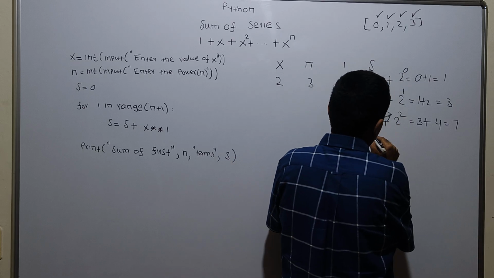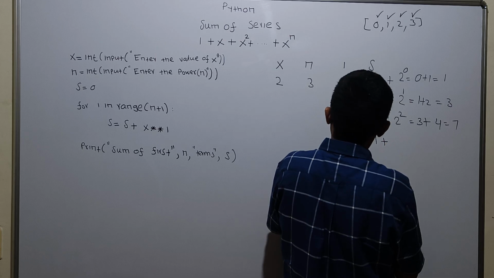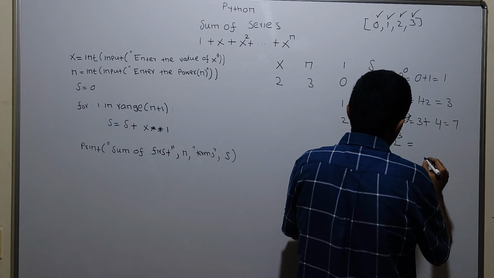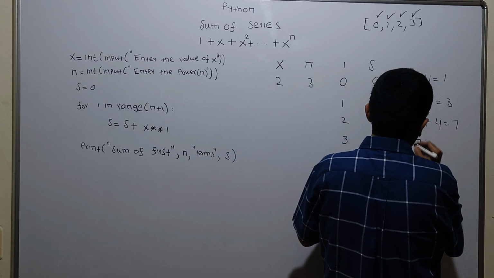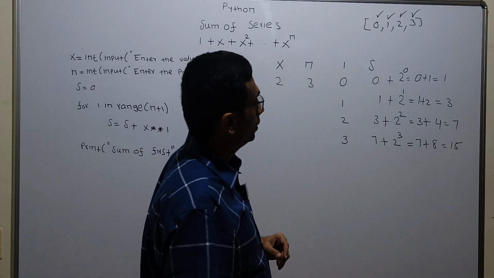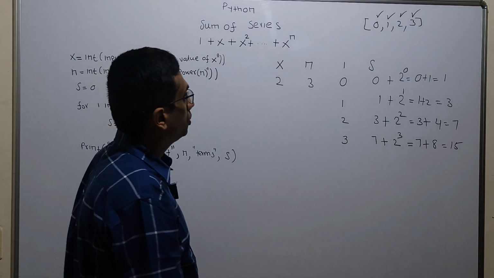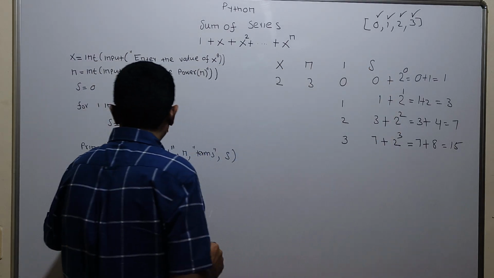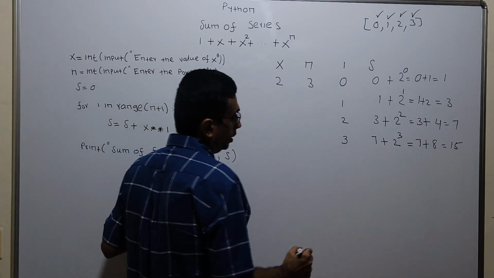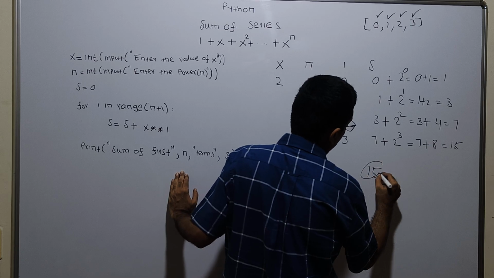The existing value of s is 7 plus x power i, that is 2 cube, which is 8, so 7 plus 8 is equal to 15. So the loop is over. Control will come out. It will print sum of first n terms, which is equal to 15. So 15 is my output.